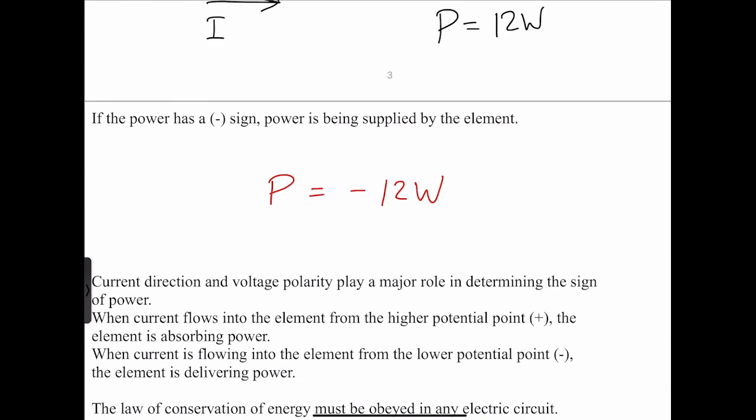If it's being supplied, we're giving. So if we had 4 apples and we give away 2, we're supplying 2 to another person, then we're going to be left with 2 apples. So we're giving, we're supplying.